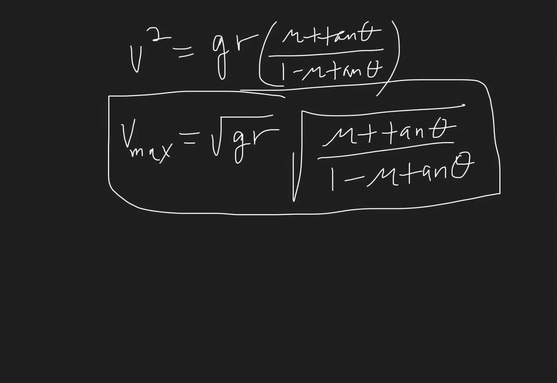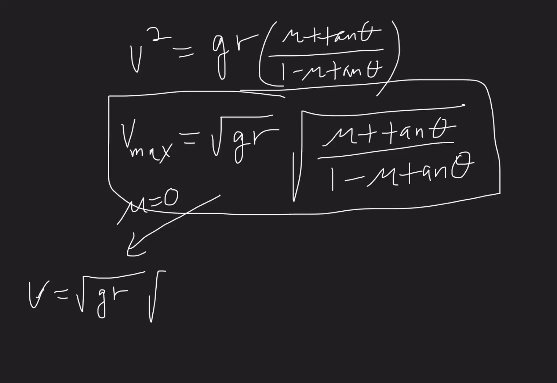Now this equation is interesting. It'll collapse into some other ones we've already done. So for instance, what happens to this whole equation if we're going around a frictionless track, which means mu equals 0? Well, the v is going to equal the square root of gr. And then what do we got over here?